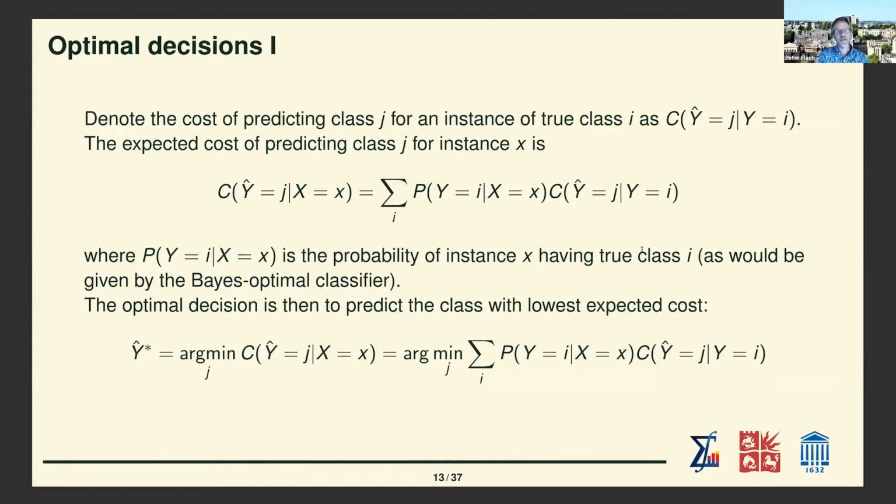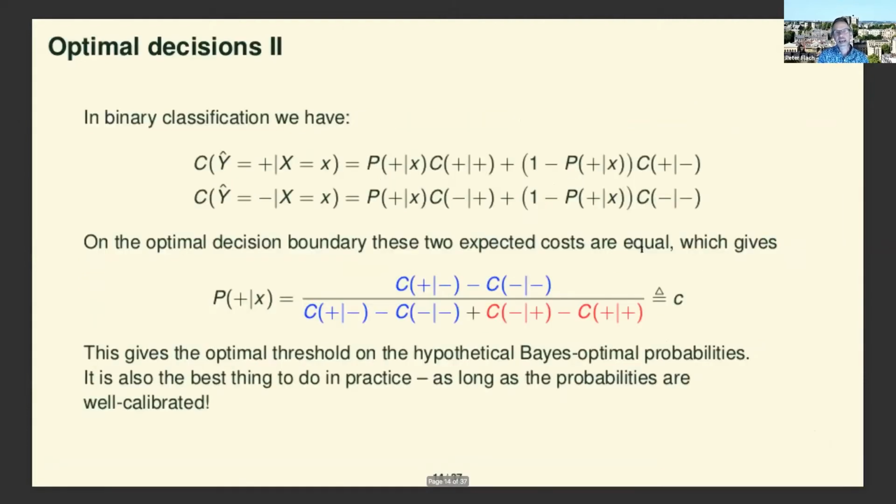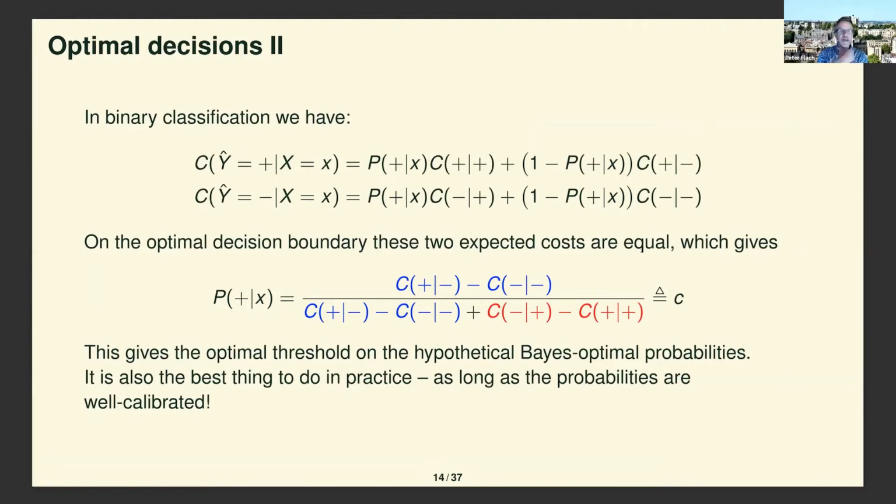Okay, so if you take these formulae, they add over the classes. So in a binary setting, we have 2 classes, so we can write this out. And if you do a little bit of maths, then you will see that on the optimal decision boundary, which is essentially the threshold on the posterior, you have this ratio, which is a number between 0 and 1, that gives the optimal threshold on the hypothetical Bayes optimal probabilities.